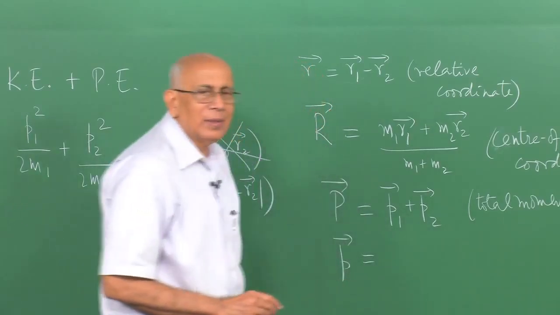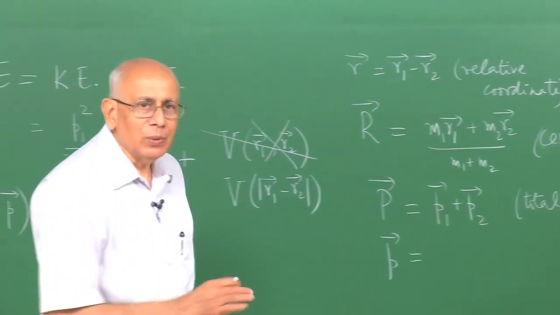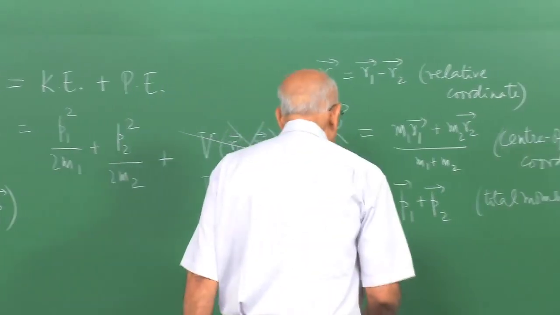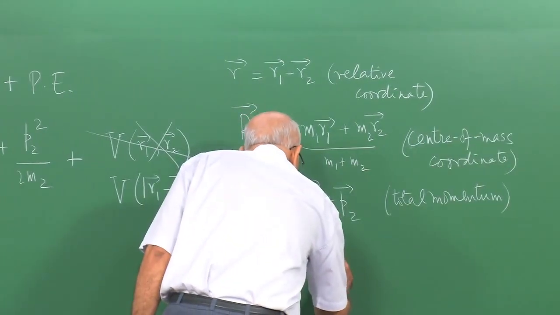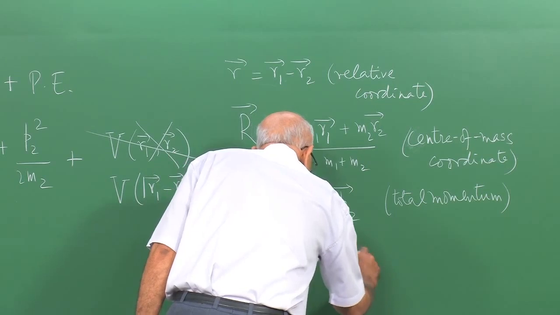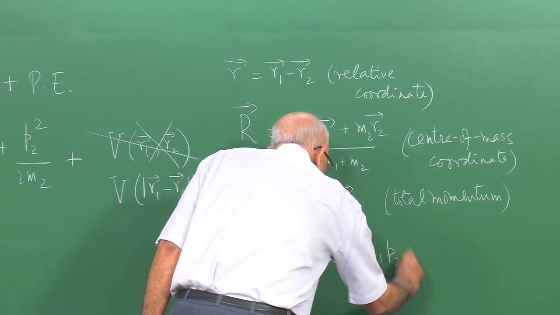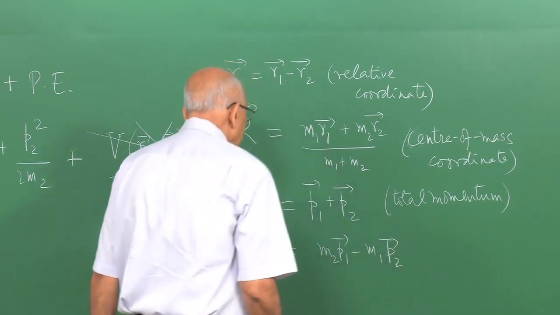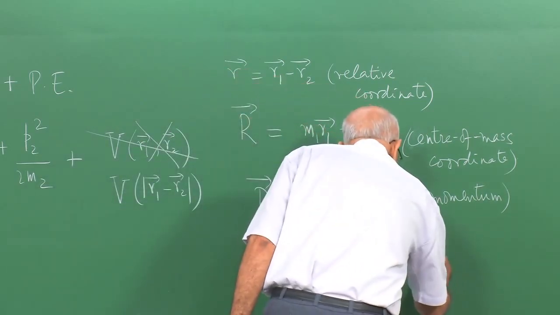It is not equal to p1 minus p2 or p2 minus p1, it is rather equal to m2 p1 minus m1 p2, divided by the total mass, and it is called the relative momentum.